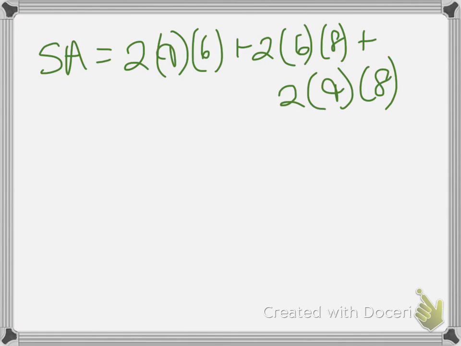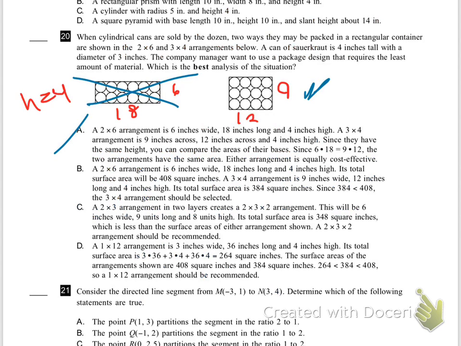So let's multiply. And that does in fact give us a surface area of 348 square inches. So it turns out that that is a better arrangement than the two original options. Okay?